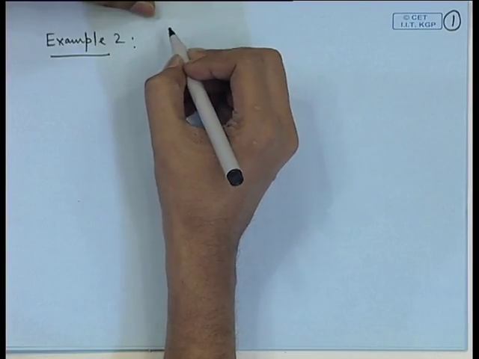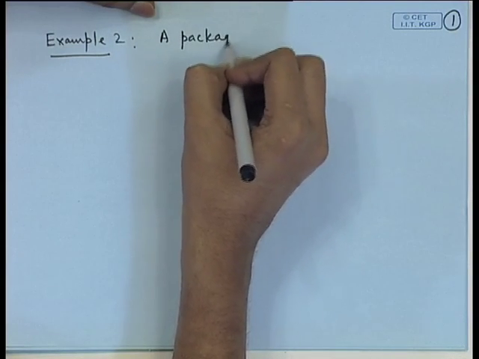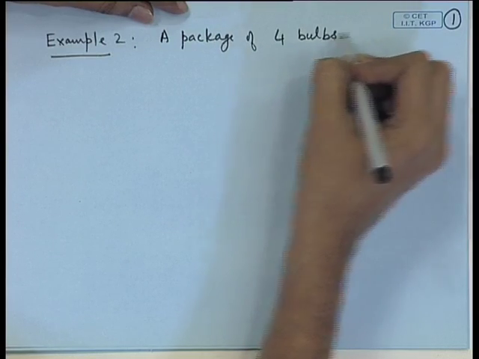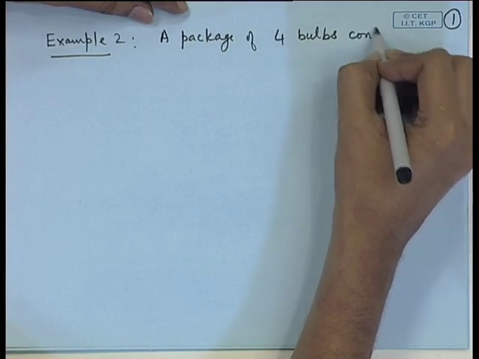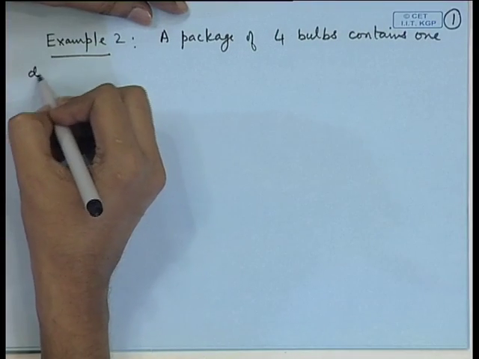Consider the following: a package of 4 bulbs contains one defective.